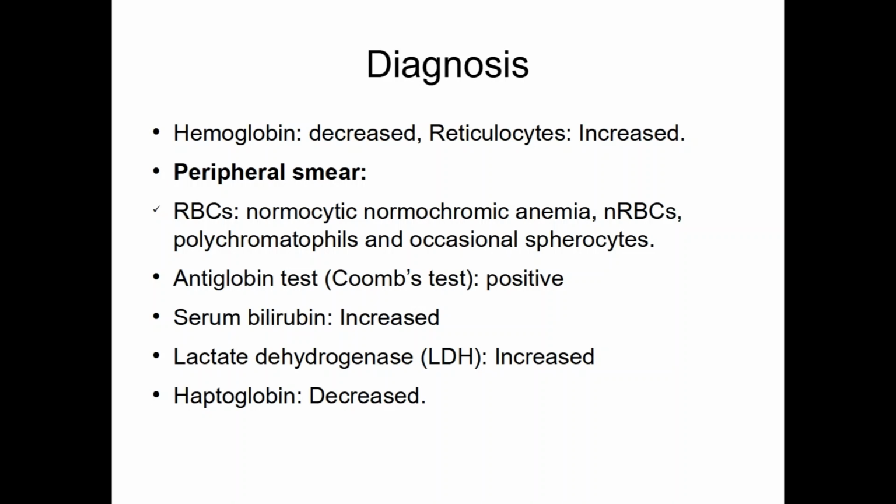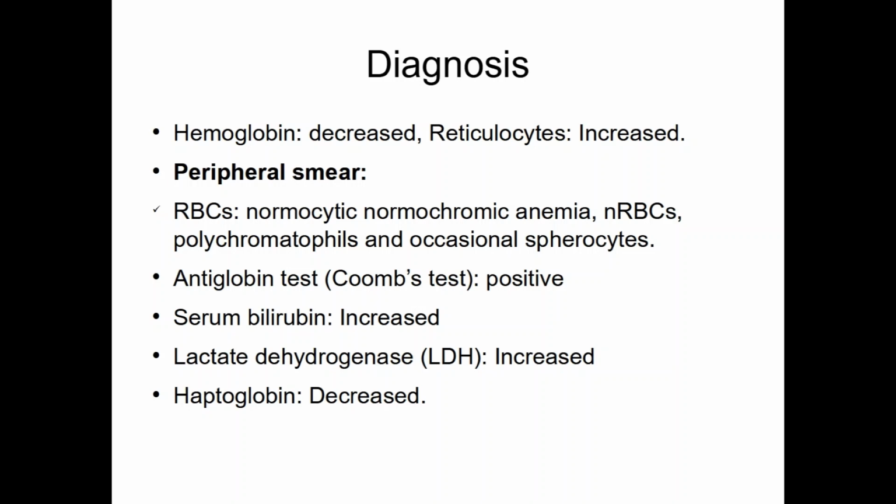The direct antiglobulin test, that is Coombs test, will usually be positive. Serum bilirubin will be increased, that is unconjugated bilirubin. Lactate dehydrogenase, LDH, will be increased. Haptoglobin will be decreased because intravascular hemolysis is occurring.